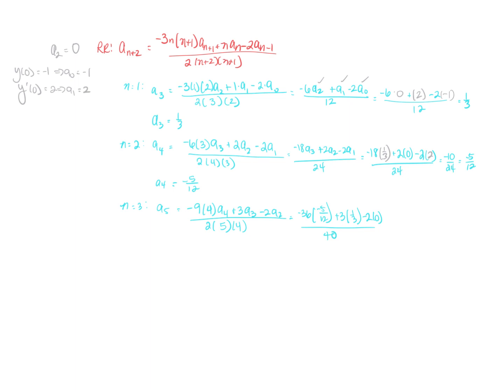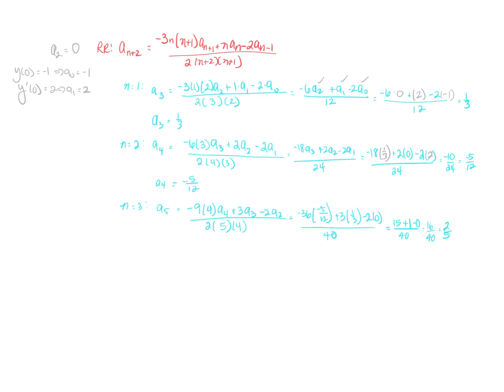Negative 3 times negative 5 is 15. And then plus 3 times 1/3 is 1. And then minus 0, all over 40. So we get 16 over 40 or 2 over 5.